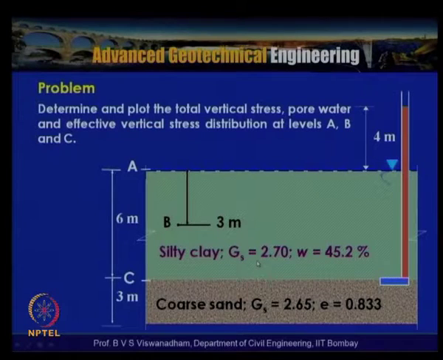So in this particular lecture, what we tried to discuss is that we have introduced the seepage force, how it can be measured and how it can be calculated. We said that seepage force J is equal to i gamma w V, and the seepage pressure is seepage force per unit volume, which is i gamma w, with units of kilonewton per meter cube, and both seepage force and seepage pressure occur in the direction of the flow.